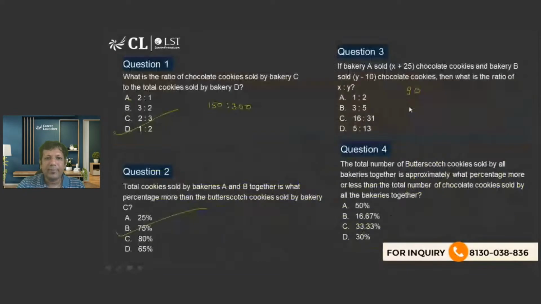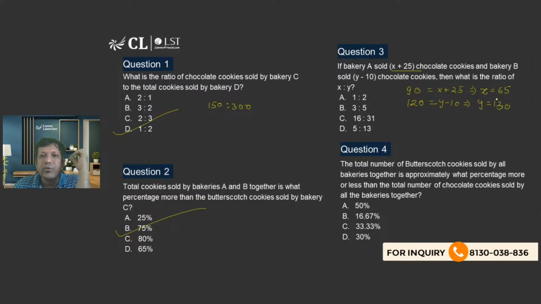Chocolate cookies are 120. Now what does it say? It says A sold X plus 25. So that is going to be X plus 25, and that gives us X is equal to 65. And that is equal to Y minus 10, and that gives us Y is equal to 130.